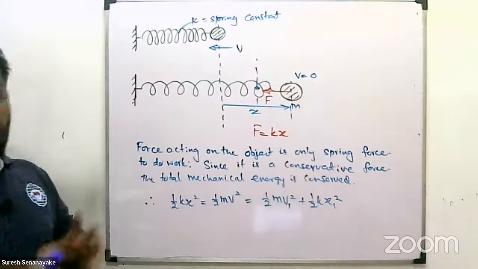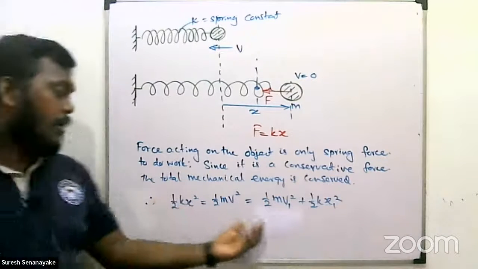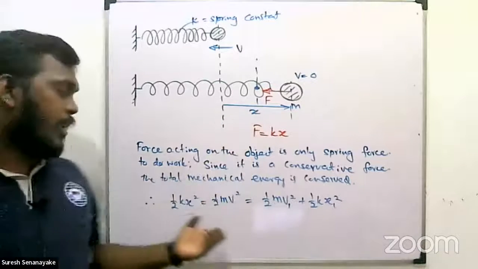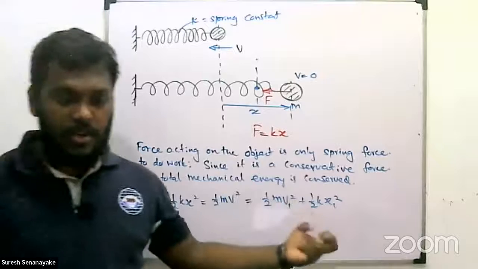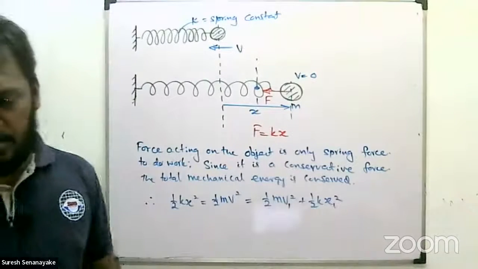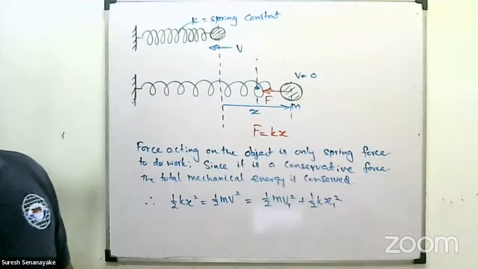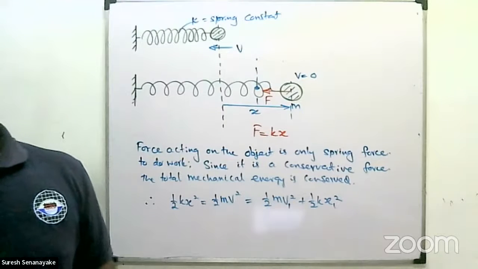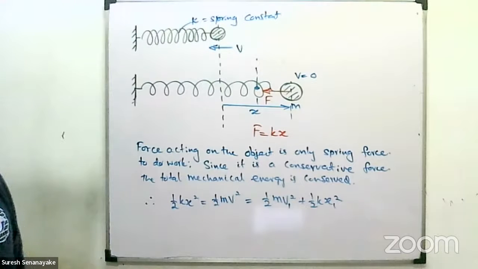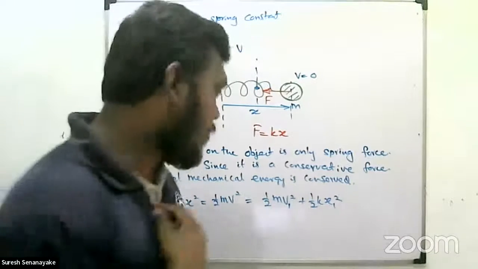So you can write the equation using mechanical energy conservation: the total energy at one place equals the total energy at another place. Ensure that the work is done only by the conservative forces acting on the system. Copy it down first, then we discuss some questions.